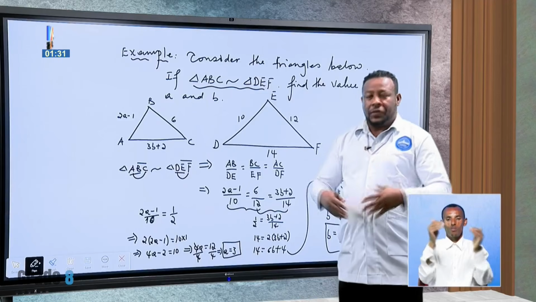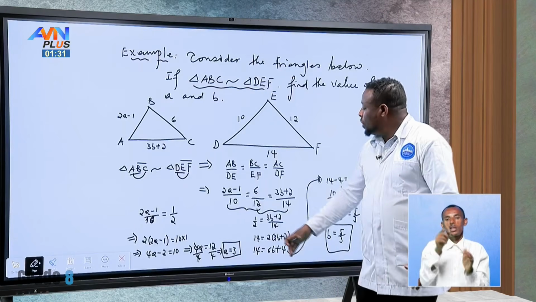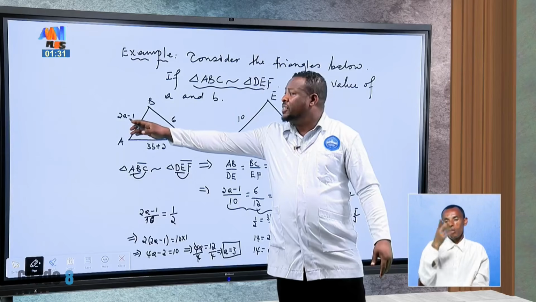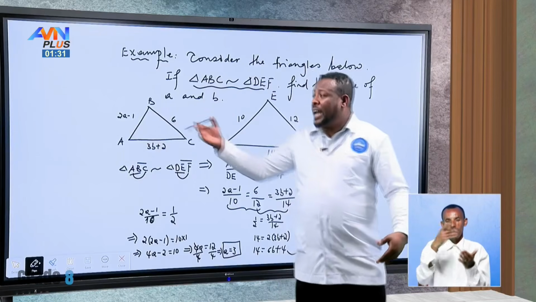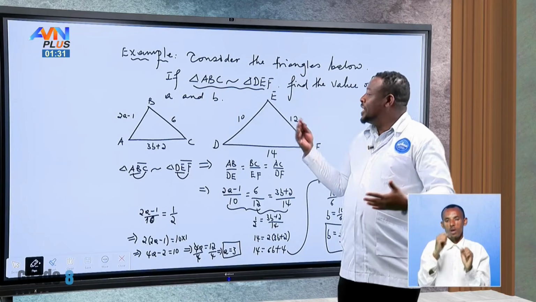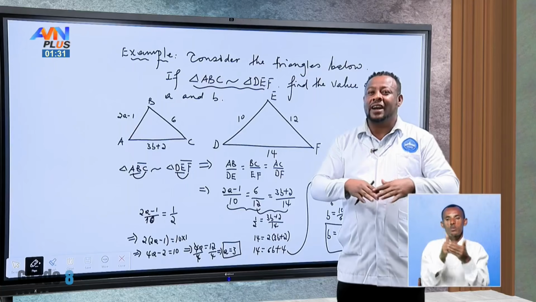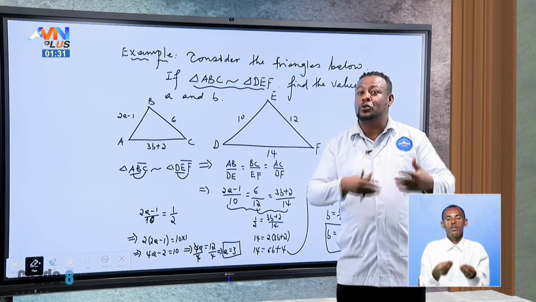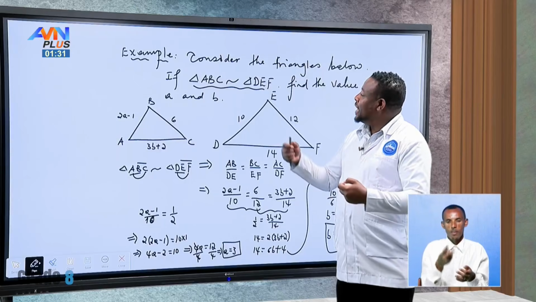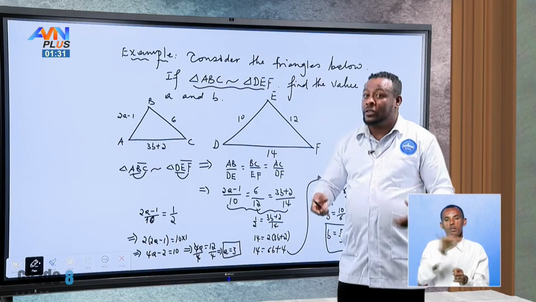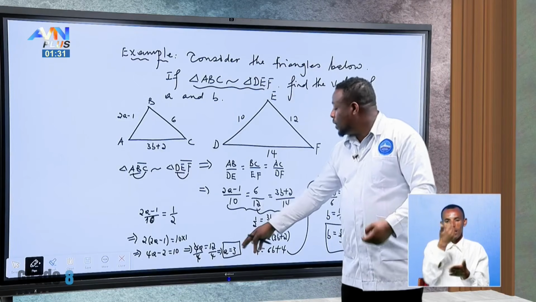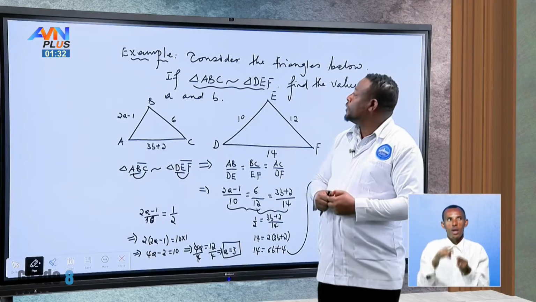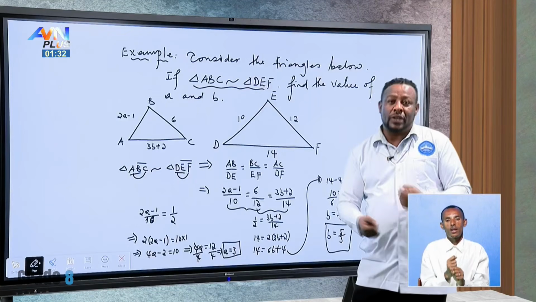For example, you can substitute a is equal to 4 here or a is equal to 5 here, then you can see that the ratio of the corresponding sides are different. I will give you this for you to check whether the triangles are similar or not if you take any a value other than 3. So this way you can find the unknown sides.